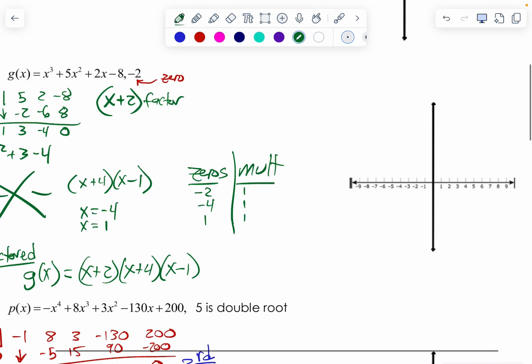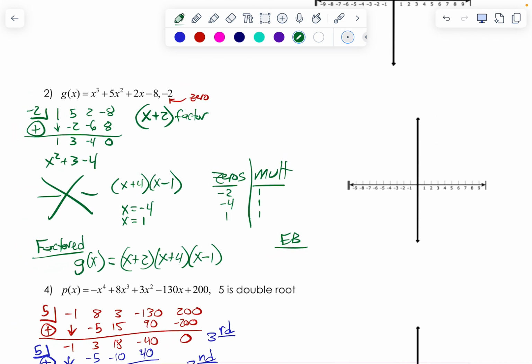All right, to graph this, we need to know the end behavior, which is what? Close. This is odd positive. So which one is it? That one. Okay, then we go plot zeros. We have one at -2, one at -4, and one at +1. We know it's going up there and down here.